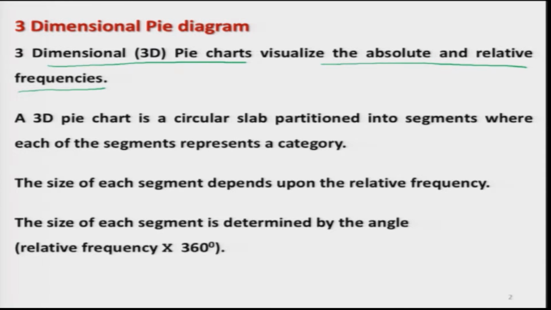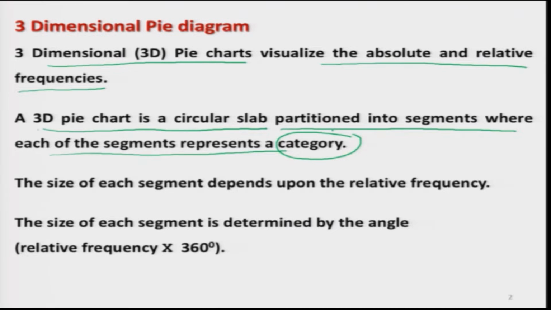The difference is that in a pie diagram there is a slice, but in a three-dimensional pie diagram there is a circular slab, partitioned into different segments or slices, and every slice represents a category of the frequency distribution.